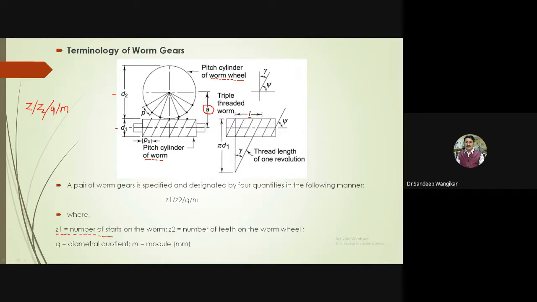Z1 stands for the number of starts. Z2 is the number of teeth on the worm wheel. So this is the worm wheel, and the number of teeth on the worm wheel is Z2.